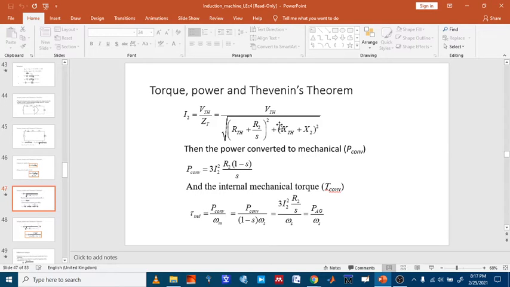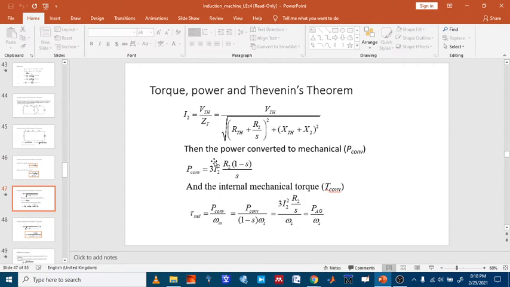That's why you want to get rid of the j. That's why you use the square root sign. You square them to get the modulus. You get it? The denominator is equivalent to the total impedance. And the power converted to mechanical power is given by this.